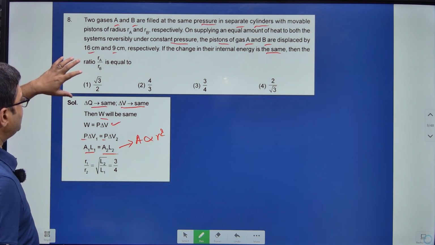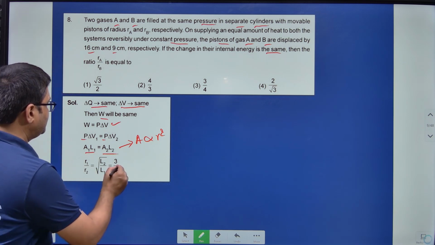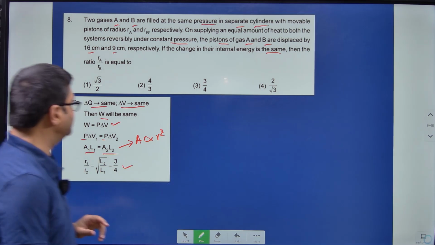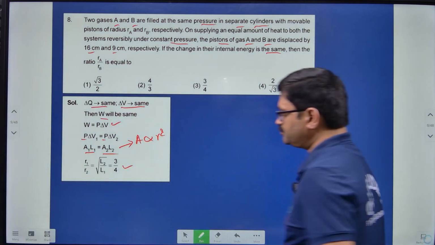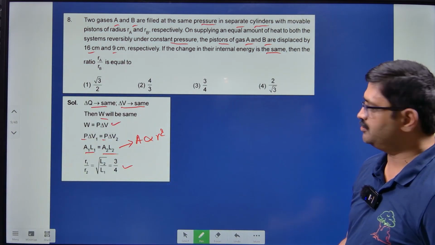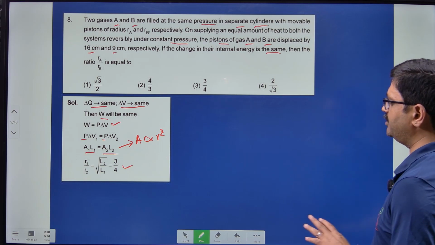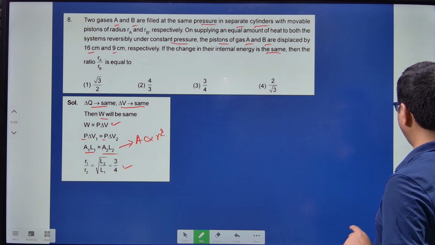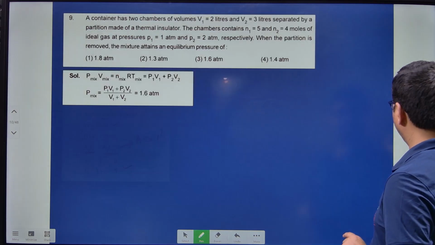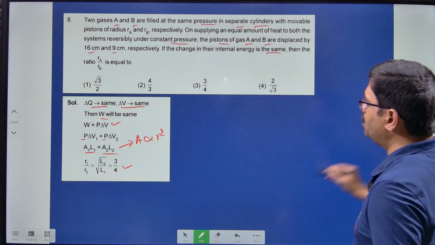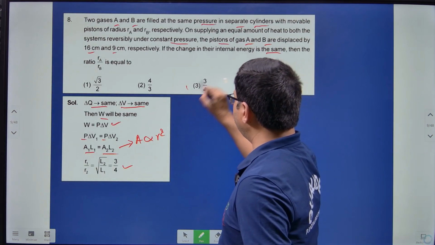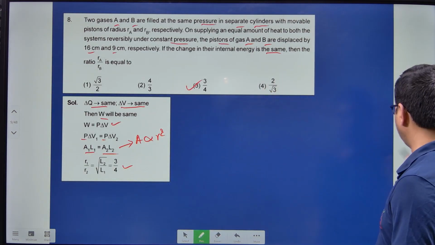From this I can easily get the value as 3 by 4. I hope it is clear to you. So this is the ratio, 3 by 4, let me mark option 3 here.